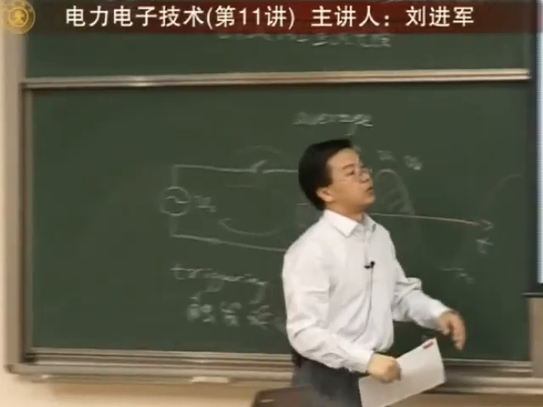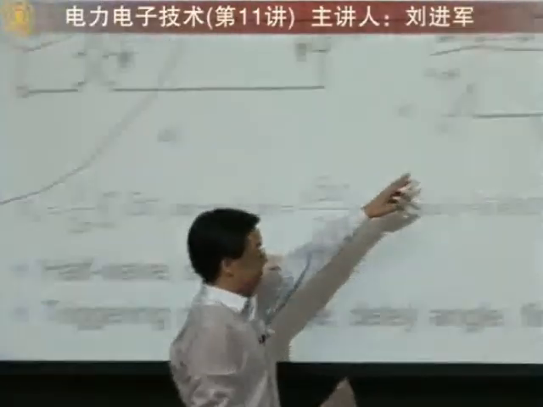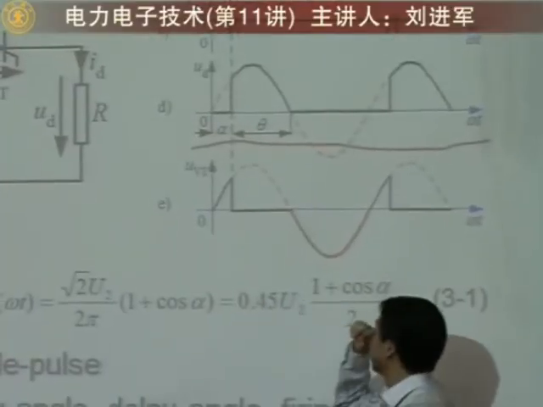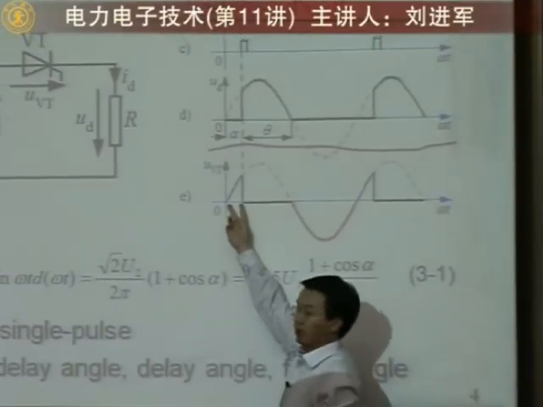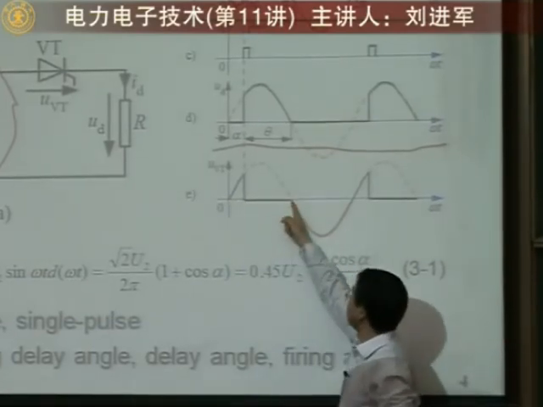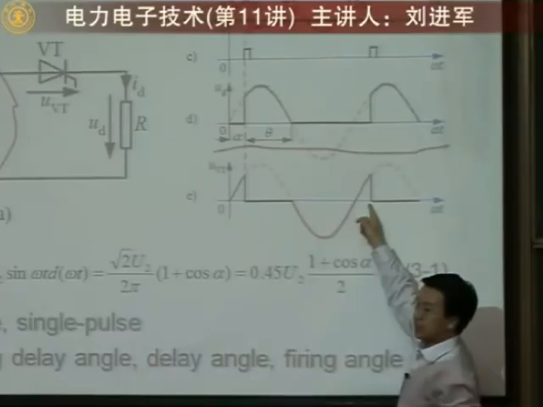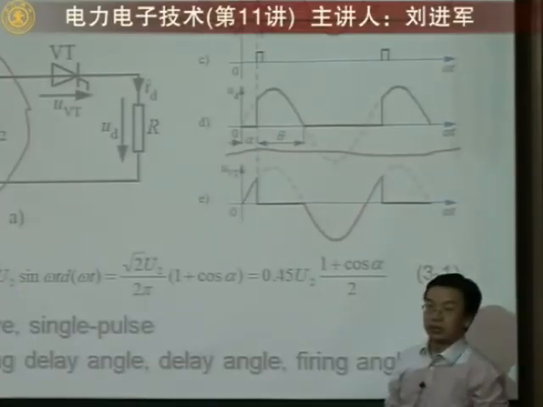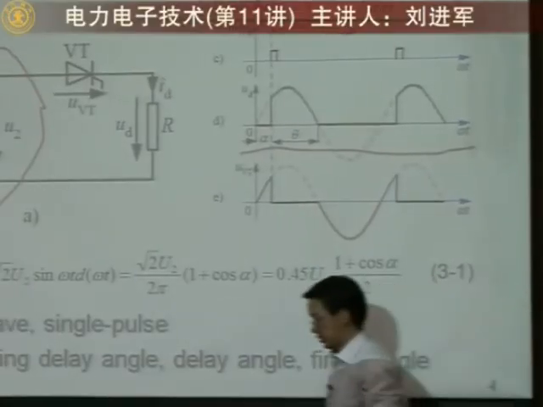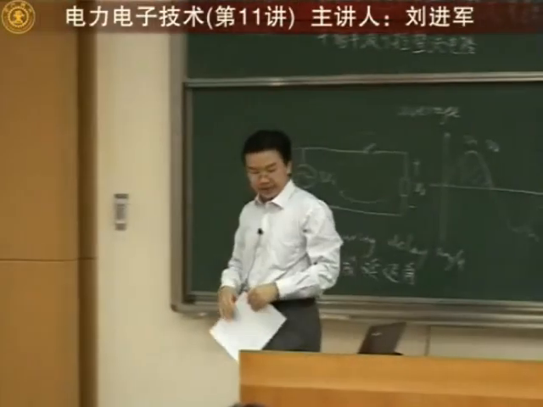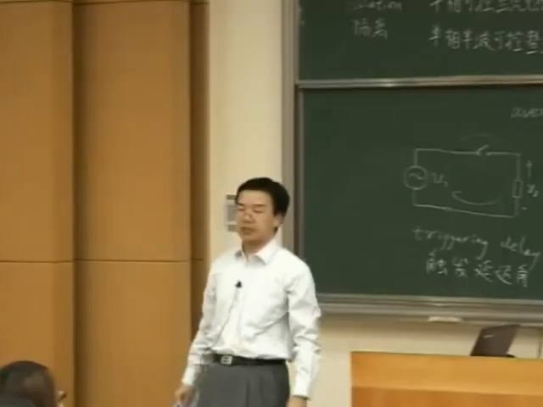When it is turned off, the voltage will be the same as the input voltage. Starting from here until the next cycle, before we turn on the thyristor, all the input voltage is applied across the thyristor. So, not so difficult. This is the simplest power converter, as I see it.